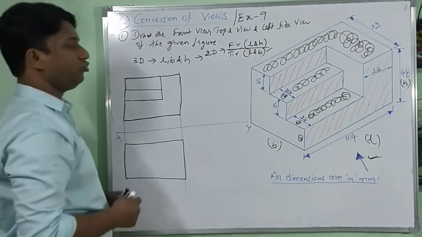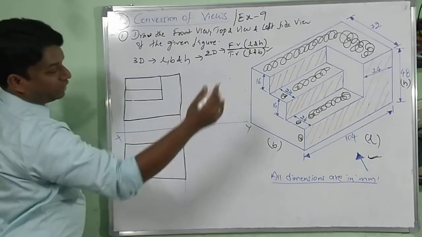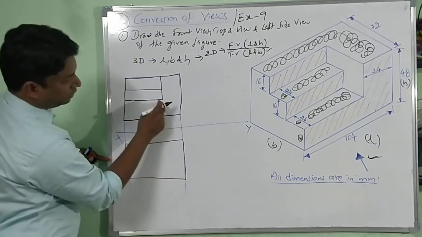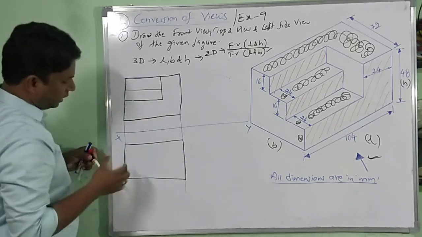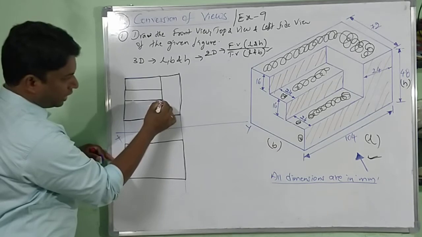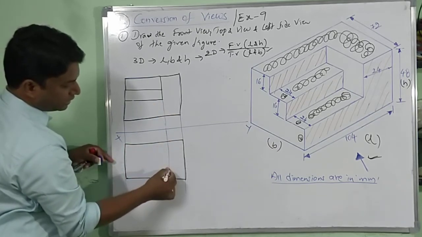Its same will be 24. So what I am doing is, when I start here, this is up to 24. Now that 24 line will try to coincide with here. You can draw a light line for your understanding purpose.